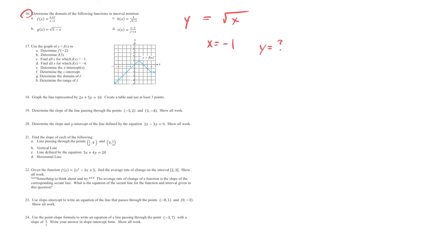So basically, whenever we're looking for domain, we're looking for these sorts of errors, or spots where if I plug in an x, I don't have a y. So domain is just the set of x values or inputs that get you an output.